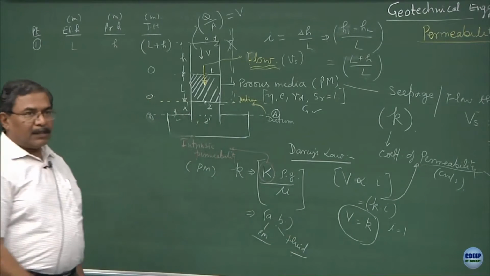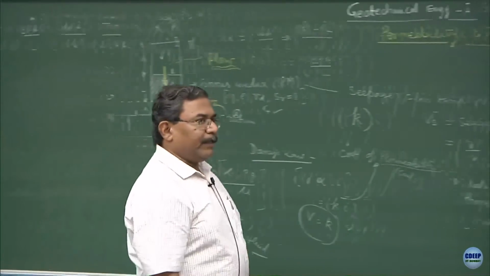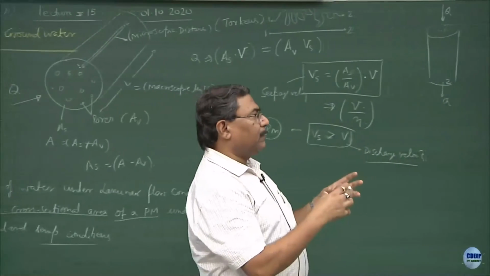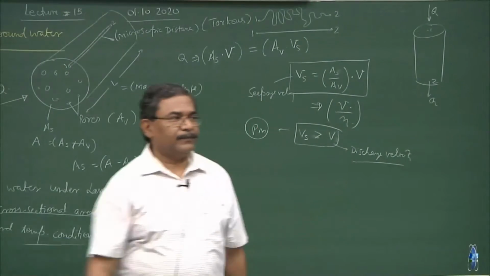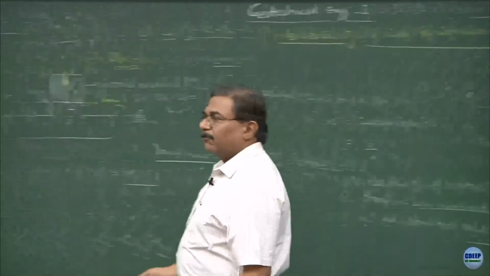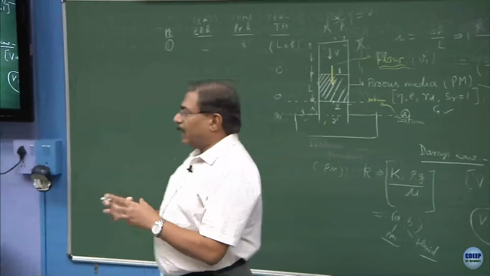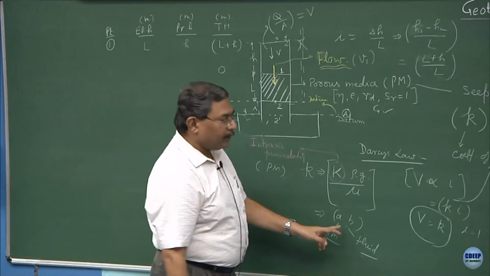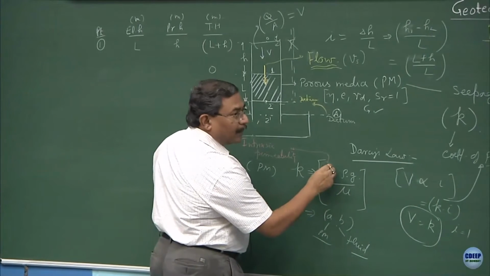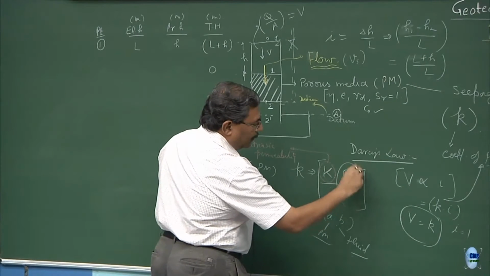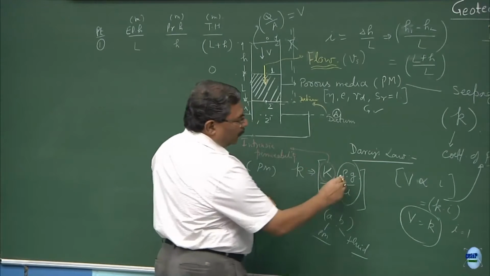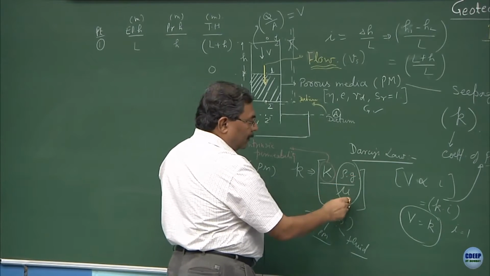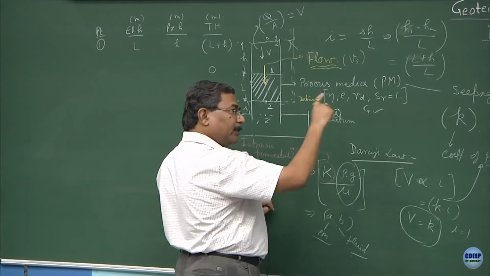Clear? In other words, hydraulic conductivity or coefficient of permeability is a sort of an interaction of porous media with a fluid. Mathematical definition would be, this is how you define the interaction between solid porous media and the fluid. Clear? So, the mapping is between the material, porous media and the fluid. What is rho into g? Density, unit weight, clear, divided by mu, viscosity of the fluid.